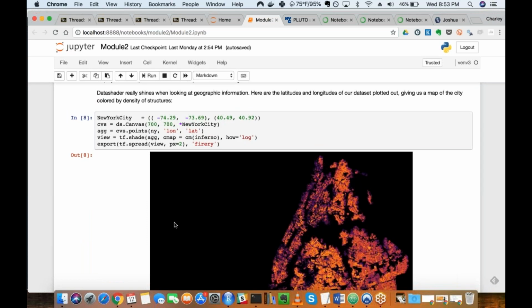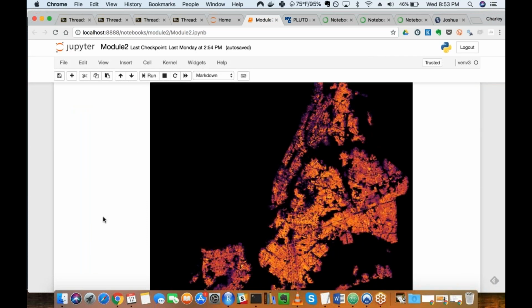Here you can see where Datashader really shines, with this geographic data. We're plotting just latitudes and longitudes. We simply threw all of our data points at Datashader, and it automatically found a smart way of showing this. Where we have enough resolution to show individual points, it shows those, and otherwise it shades in densely packed points to get something that looks similar to a heat map.